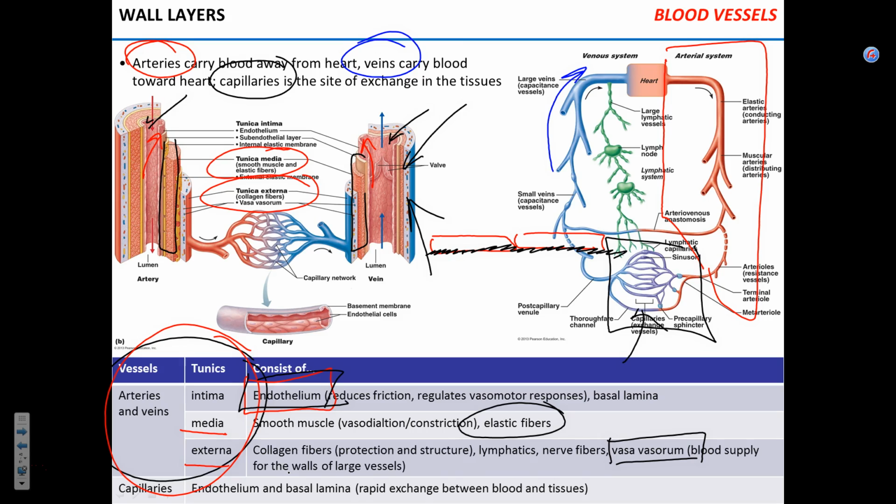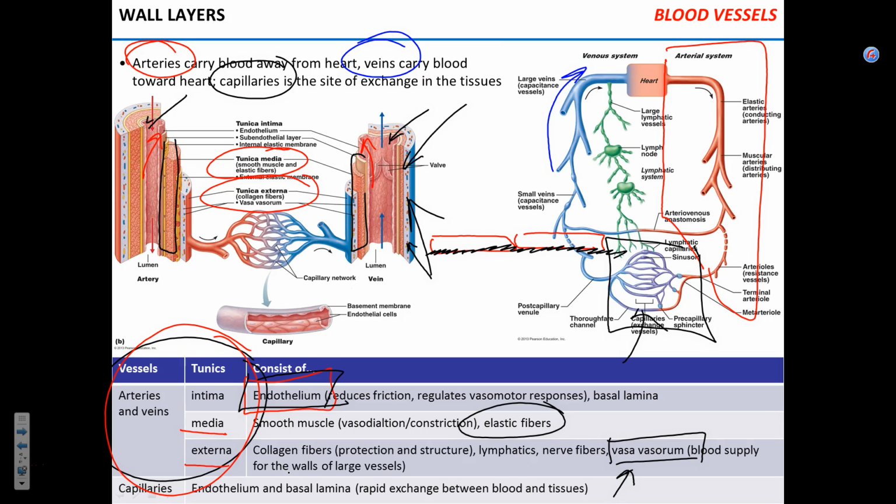The wall has its own blood supply. Is that clear? Little tiny vessels, you can see them on this illustration as blue and red dots, okay?